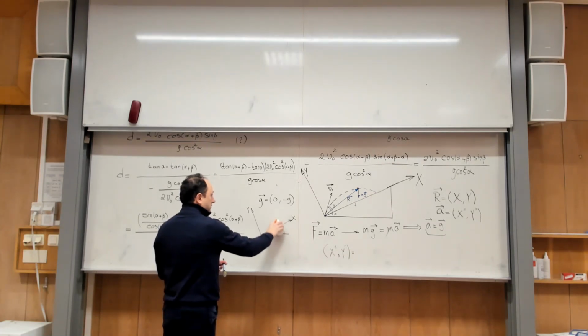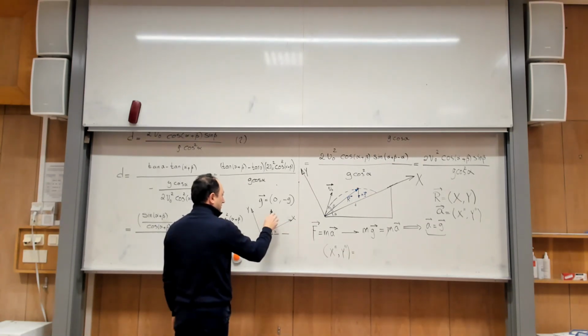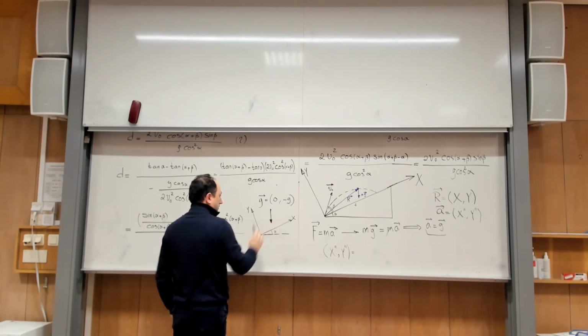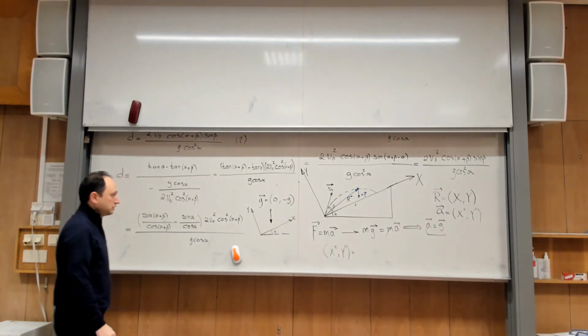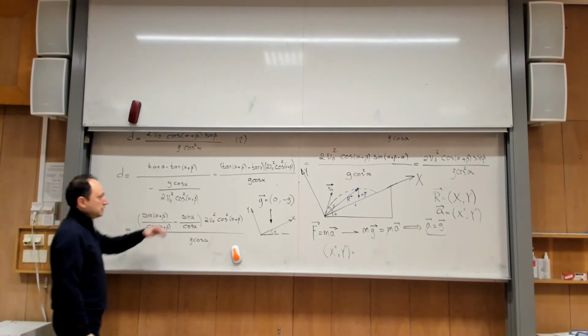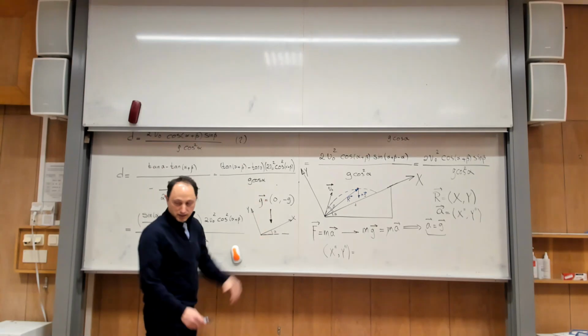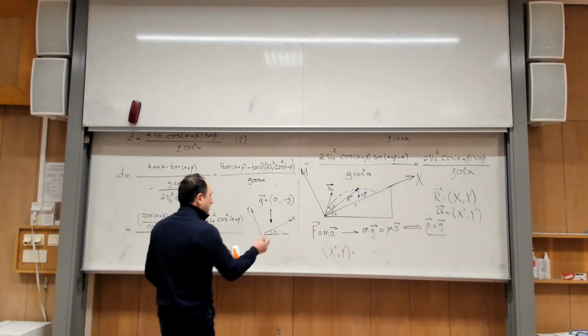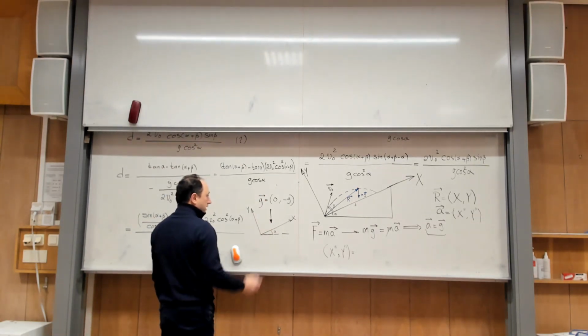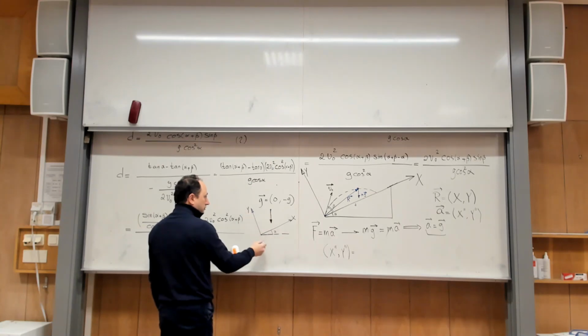Let me make it more clear here. So what are the shadows? So now you need to shed light from this side. Yes. So if you want to see what are the components, you take this point and draw a line parallel to the y-axis.